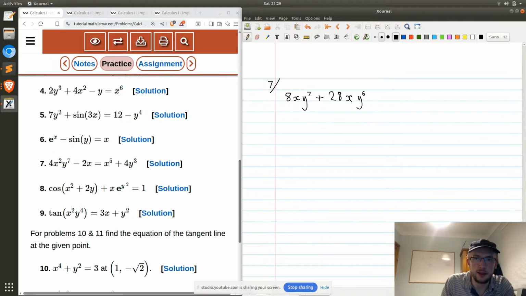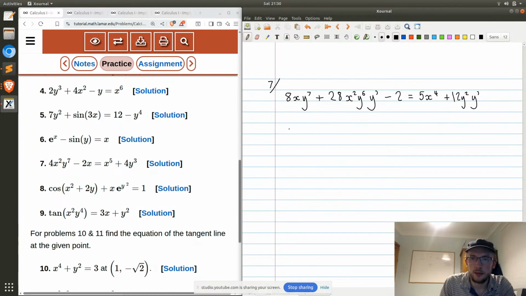The x squared is untouched. The y prime is there. Then minus 2, and that's equal to 5x to the 4. And this becomes 12y squared, y prime.